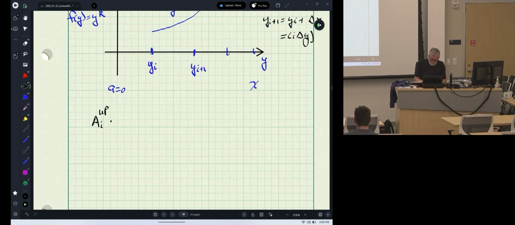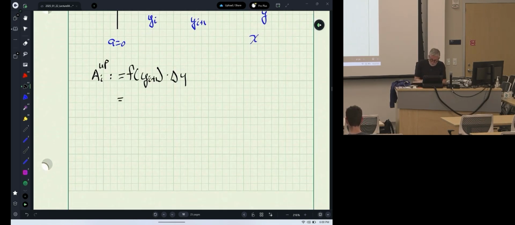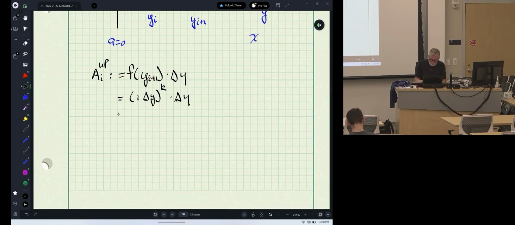And so the upper approximation is the function evaluated at y_{i+1} times delta y, and then we just plug in i delta y to power k times delta y. And then just a little bit of algebra to simplify it. That's i to the k, and then we have delta y to the k plus 1.